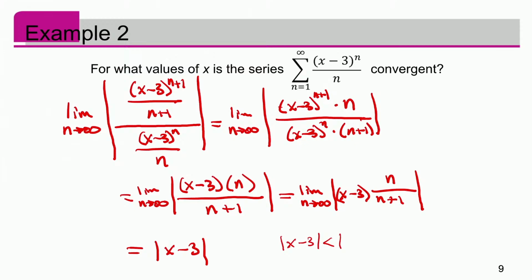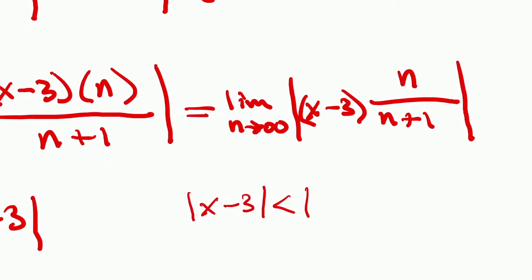The absolute value of x minus 3 is less than 1. What does that mean? It means that x minus 3 is between 1 and negative 1. And then you can add 3 to all 3 sides of that inequality. Add 3 to everything, and you get that x is between 2 and 4.